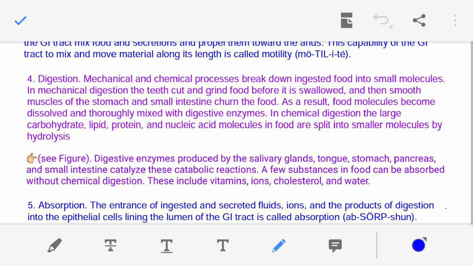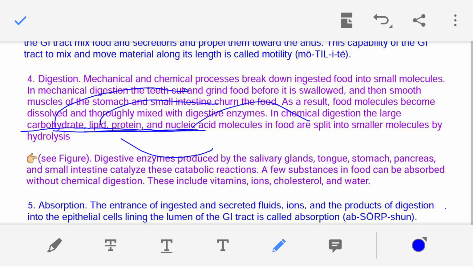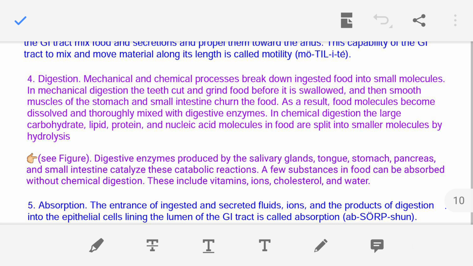With the help of enzymes, carbohydrate, lipid, protein, and nucleic acid will be converted into very simple molecules. Let's say carbohydrate is converted into glucose, lipid into fatty acid and alcohol, protein into amino acid, nucleic acid into nucleotide. So this is the chemical digestion.